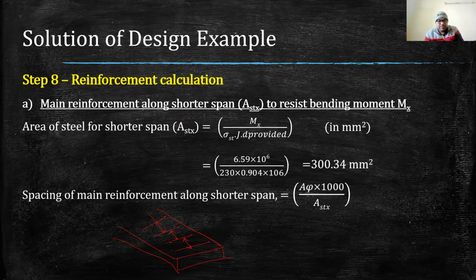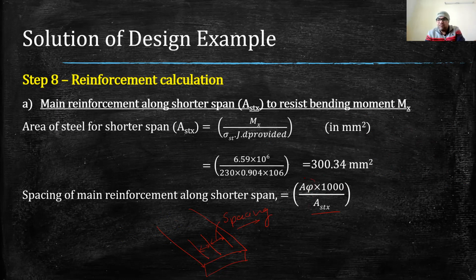So in this case, reinforcement here we are calculating like this. What will be the spacing between these reinforcement? That is what we are required to find out. So that is the formula, and putting the value.